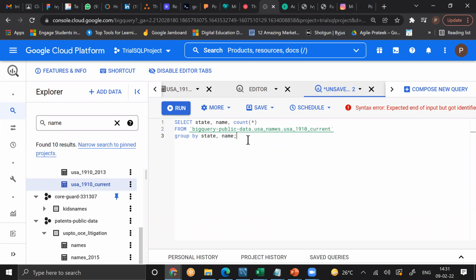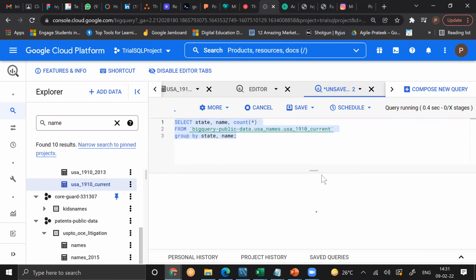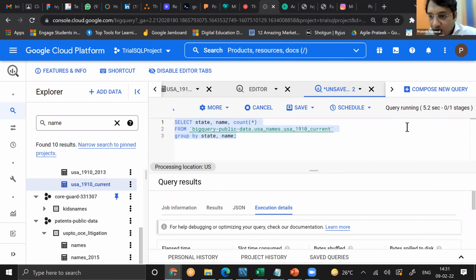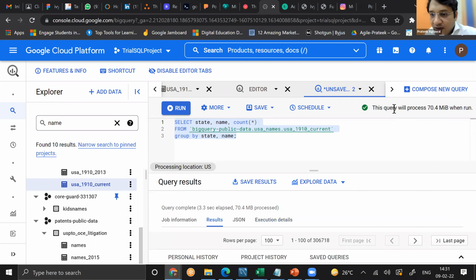Right? Yes, Pratik. So if I run this statement, see here, it is processing. It is going to tell you how much. See, it took about 6 seconds to process, and this took only 6 seconds because the data is hosted on a very fast Google Cloud server.